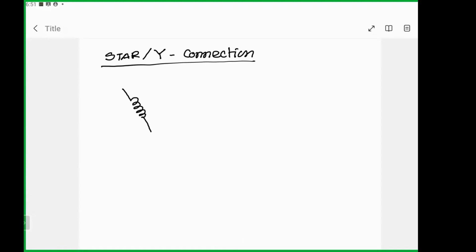As we know, we have already identified two configurations. One is called the star or Y connection. So it looks like I will have one coil that has terminal 1 and terminal 2.